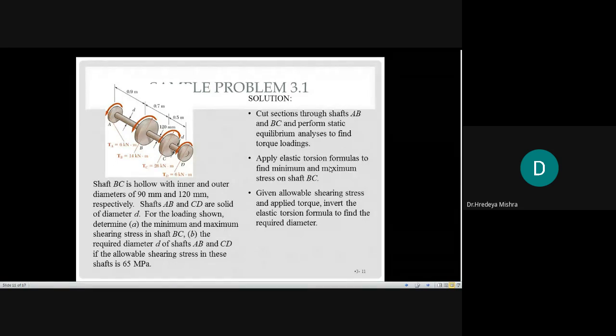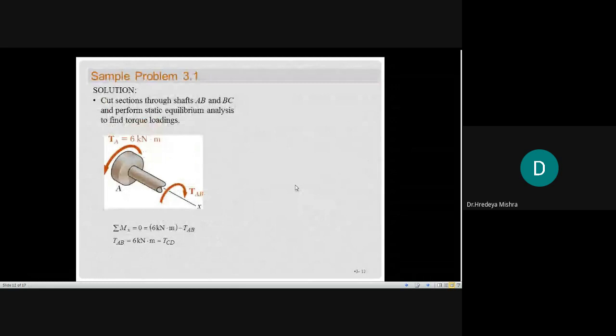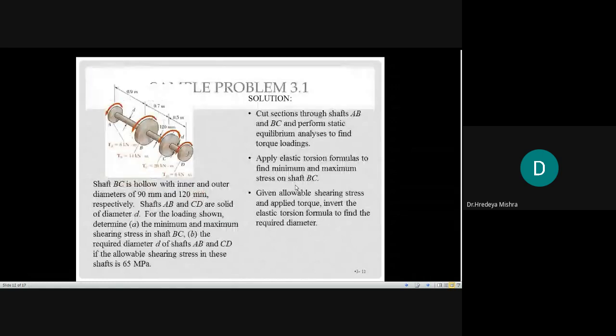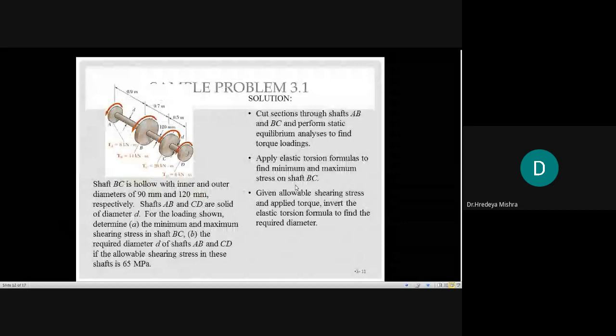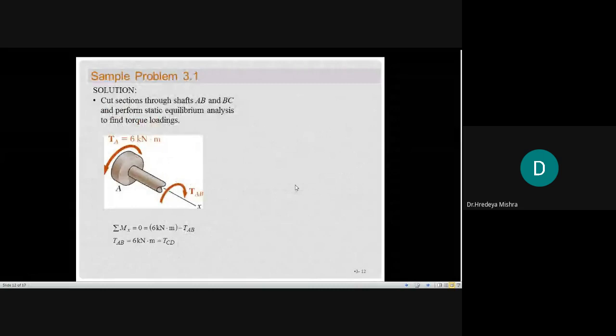Invert the elastic torsion formula to find out the required diameter. So this is the procedure, this is the solution. Now see here, we can observe step by step.